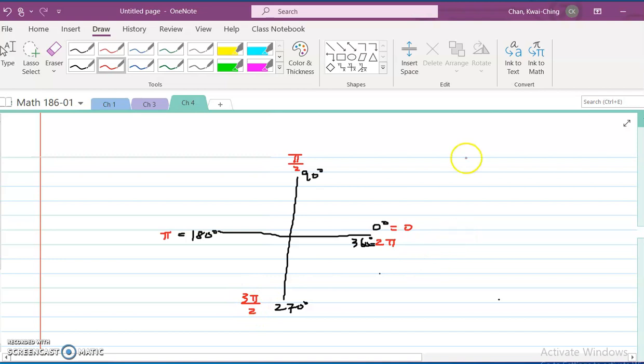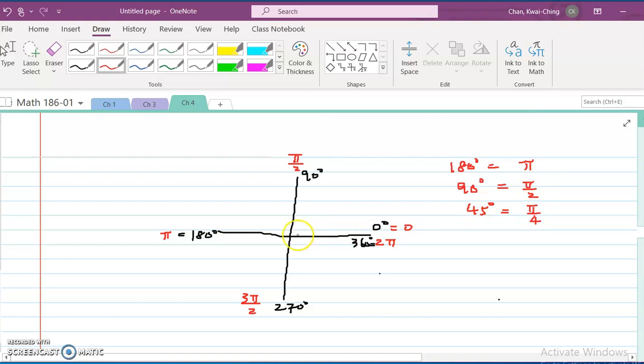So the fact that 180 is equal to pi is very useful for the special angles. 90 degrees is pi over 2, which helps us know what 45 degrees is. 45 degrees is half of 90 degrees, so it will be pi over 4.